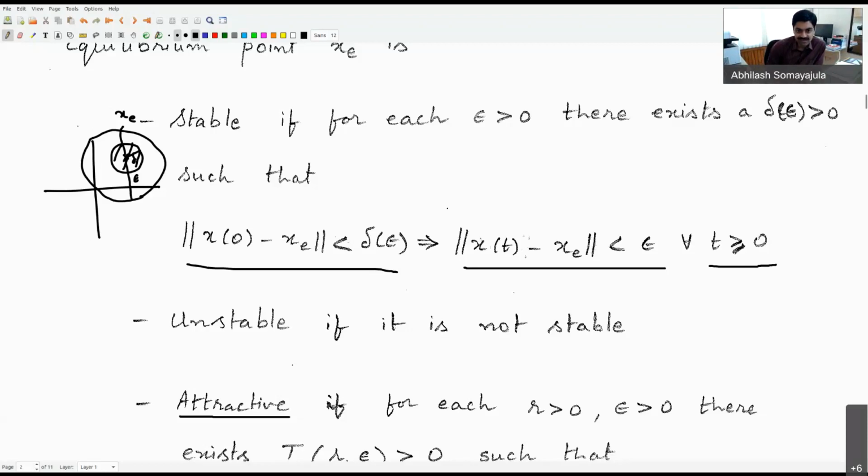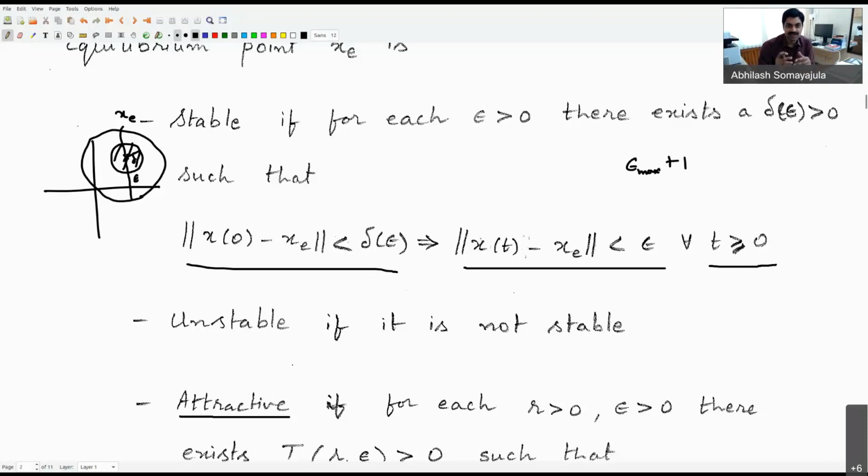It means that let's say there is some epsilon max beyond which this doesn't hold. If I want to keep the system inside a ball of epsilon max plus 1, for example, and I can't find a delta, then that system is locally stable only. It's not globally stable.